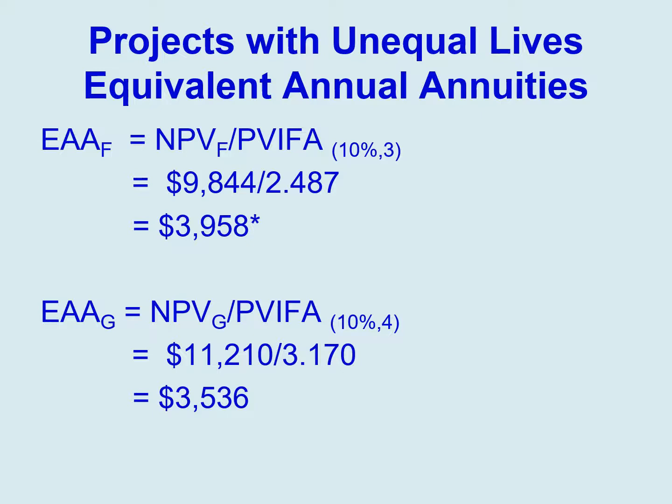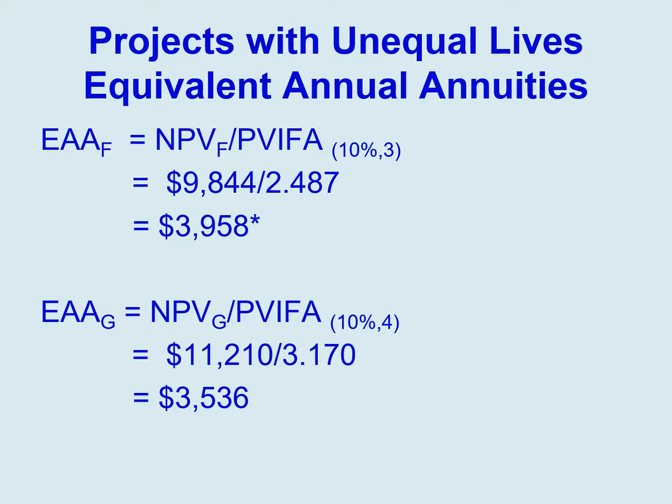So we go through the same calculation for project G. The raw unadjusted NPV for project G is 11,210. And remember, that was a 4-year project, so we don't get that NPV until year 4, right? So we're going to divide by the present value interest factor of an annuity at 10% for 4 years, and you get 3536.